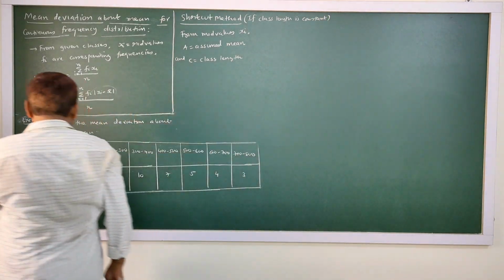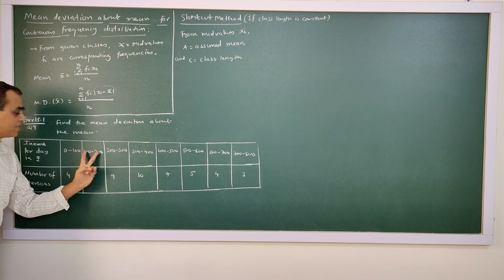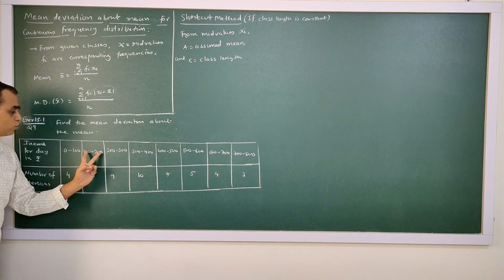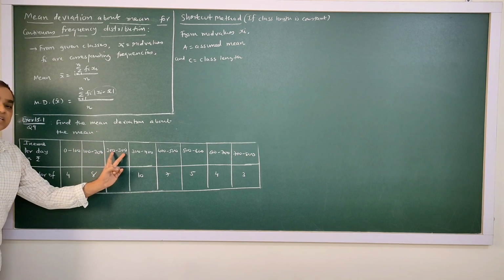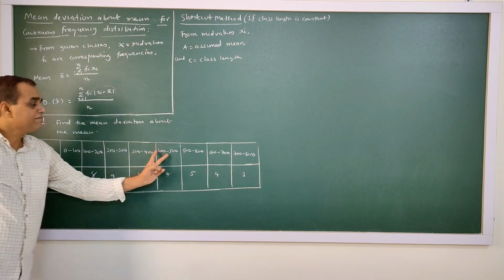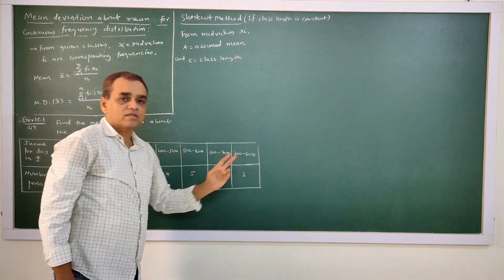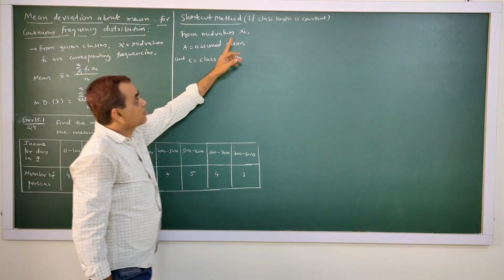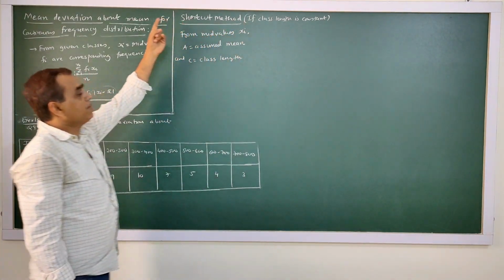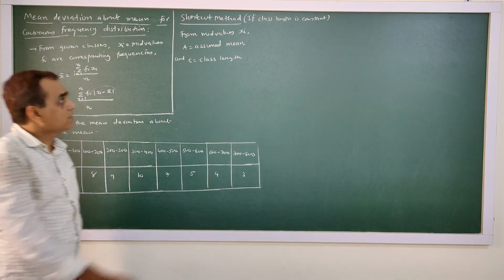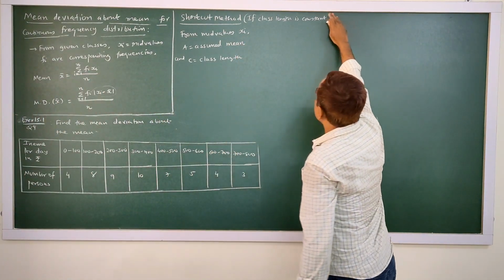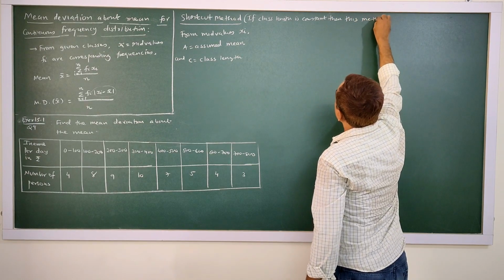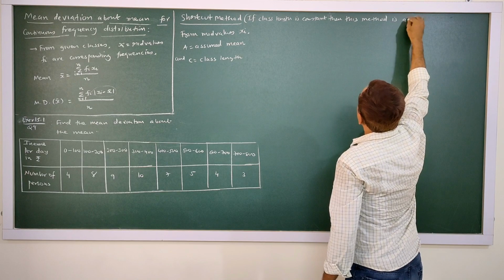You can see that here class length is constant: 100, 200 minus 100 is 100, 300 minus 200 is 100. So in every class the length is equal or constant. If class length is constant, then this method is applicable.